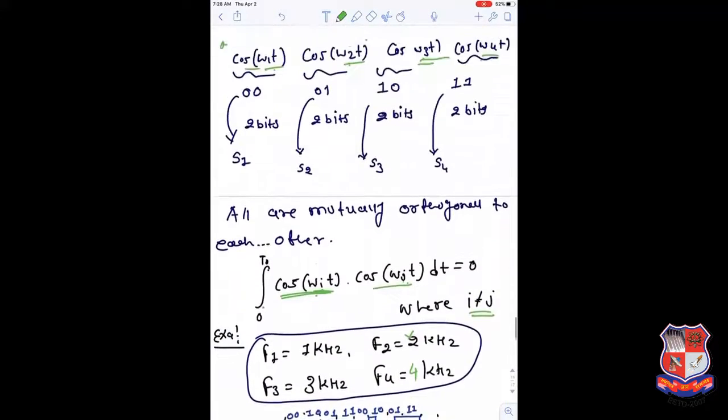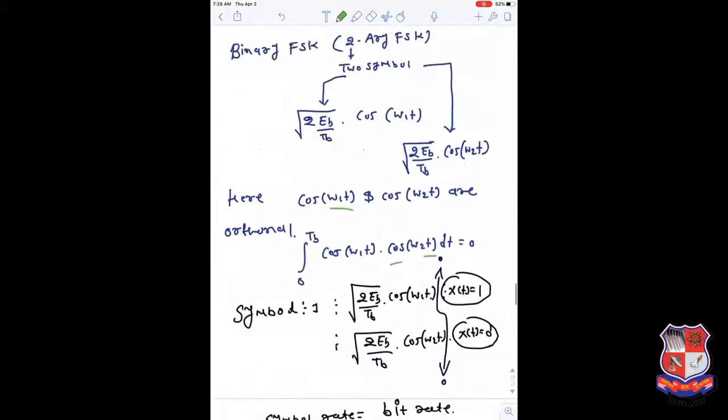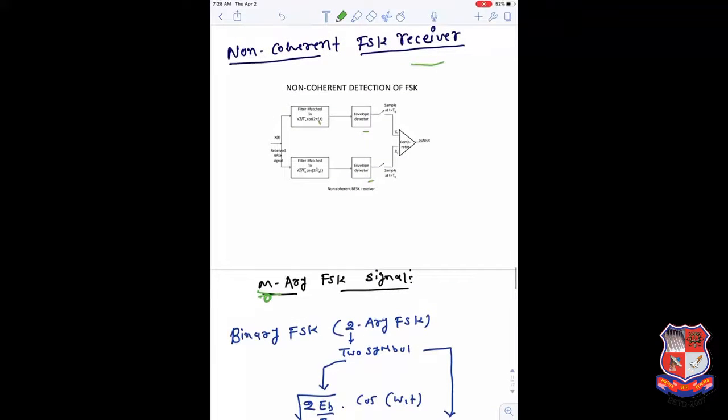Now the second case is the non-coherent detection of FSK. In a non-coherent receiver, we don't have a carrier signal at the receiver side to decode the original bit, but we are using the matched filter. Here the FSK signal is received.